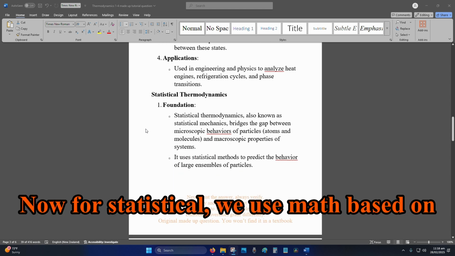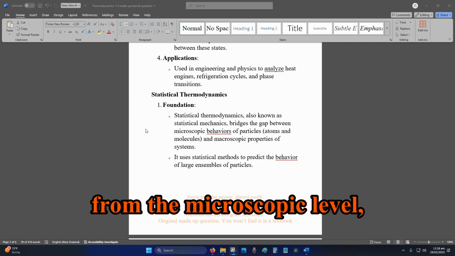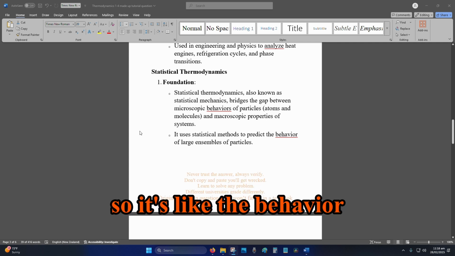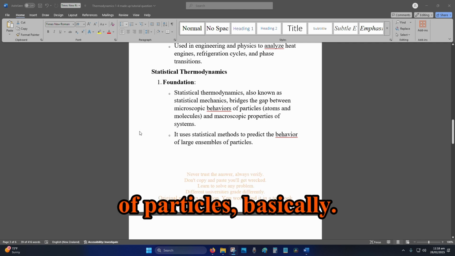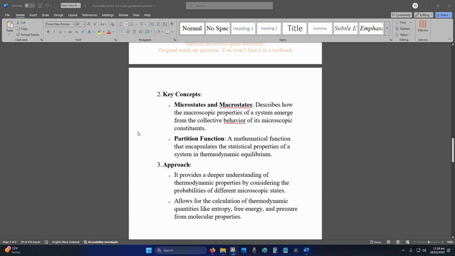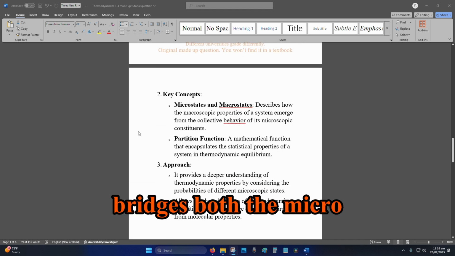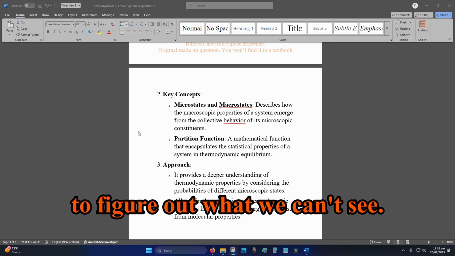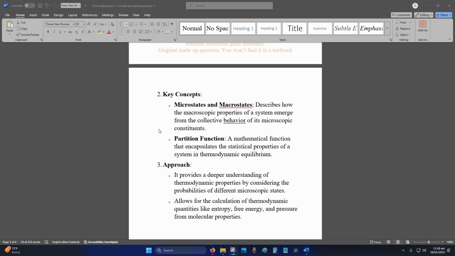Now for statistical, we use math based on repeated experiments from the microscopic level, so it's like the behavior of particles, basically. Concepts: it bridges both the micro and macro states. So we're going to use math to figure out what we can't see.